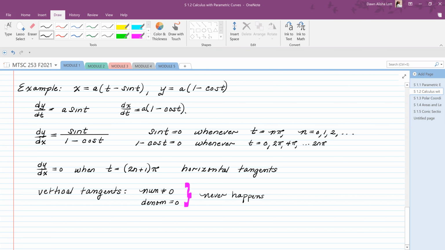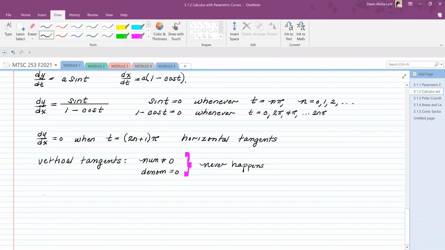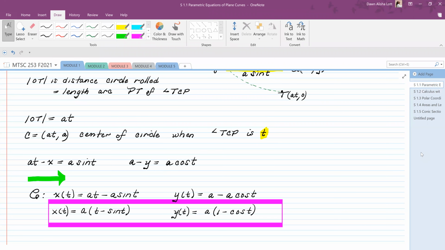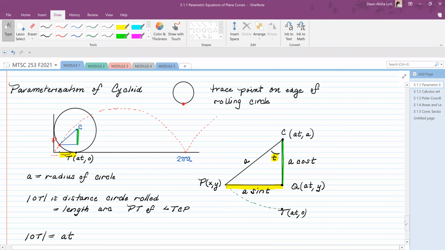But when they're both equal to 0, we get cusps. So that's when the numerator is equal to 0 and the denominator is equal to 0, and that's t equal to all the even multiples of pi. Let me think about that for a moment. All righty, I think we're good.